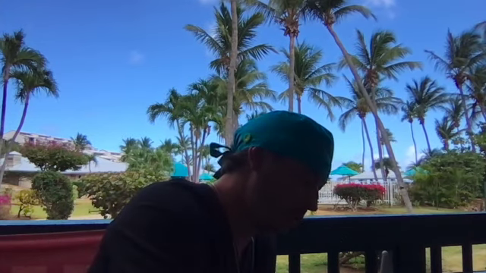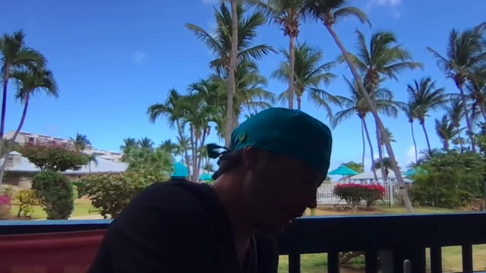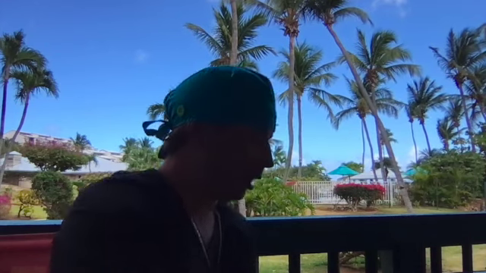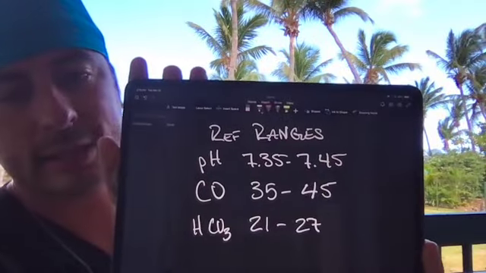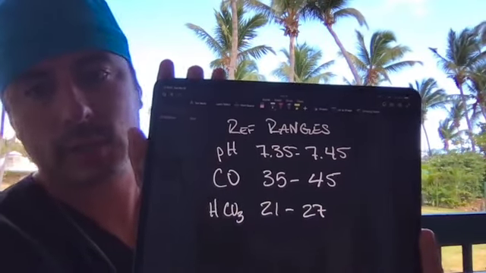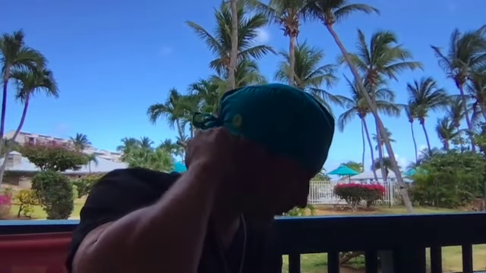And then when we look at the bicarb, the reference range, depending on which one you're looking at, we're going to use 21 to 27 just because that's a typical reference range that I've seen. You can get 22 to 26, 22 to 28, 20 to 28, but a good generic round about number, 21 to 27, is pretty common across the board.